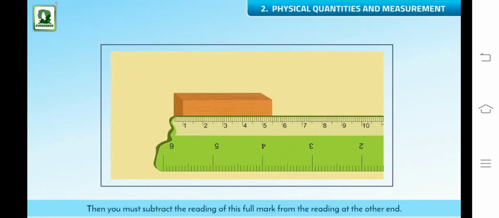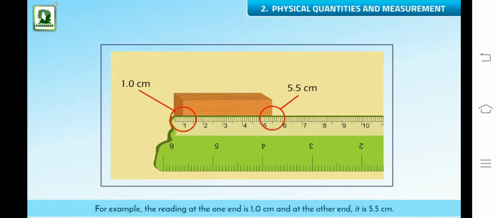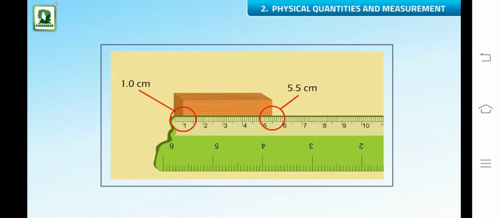Then you must subtract the reading of that full mark from the reading at the other end. For example, the reading at one end is 1.0 centimeters and at the other end is 5.5 centimeters. Therefore, the length of the object is 5.5 minus 1.0 is equal to 4.5 centimeters.